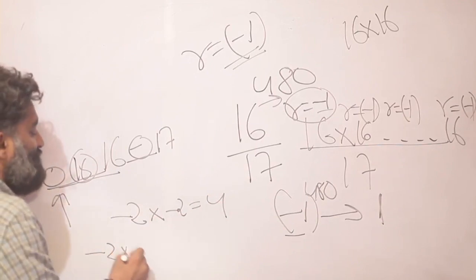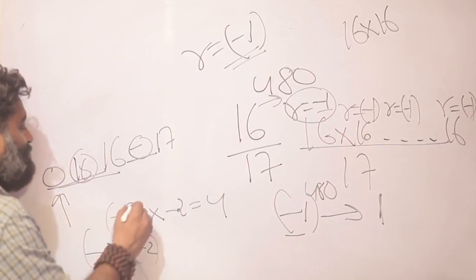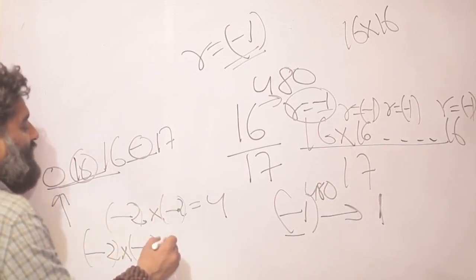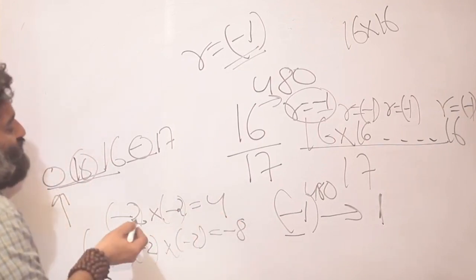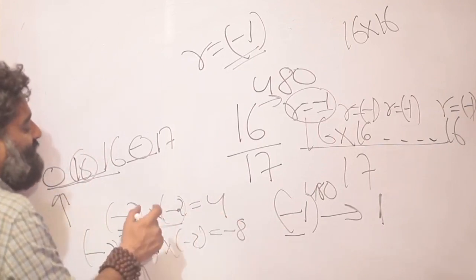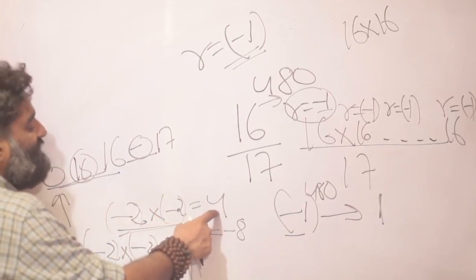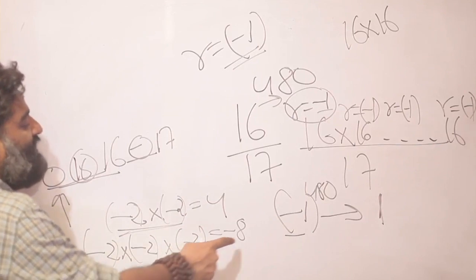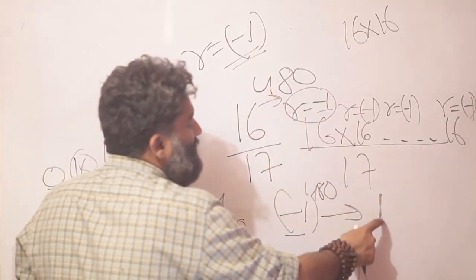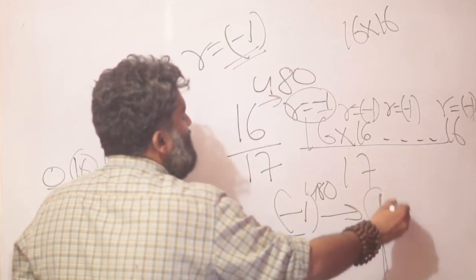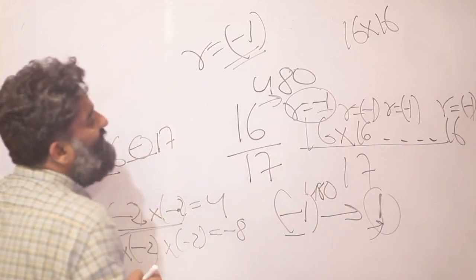If you go minus 2 into minus 2, let me put them in brackets, into minus 2, you get minus 8. So you saw when a negative number is multiplied an even number of times, you get a positive number. When it is odd, you get a negative number. In this case, it was even, so we got a positive number, and it was just 1 multiplied by itself a lot of times, so the result was only 1.